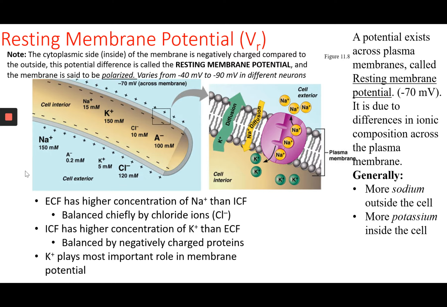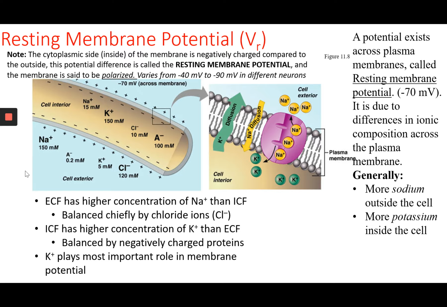And in order to balance out the sodium and potassium levels, we have chloride outside the cell, and we have anions or proteins inside the cell. So we would see the negatives and positives balance each other out to produce this resting membrane potential, which is more negative inside the cell and more positive outside the cell.